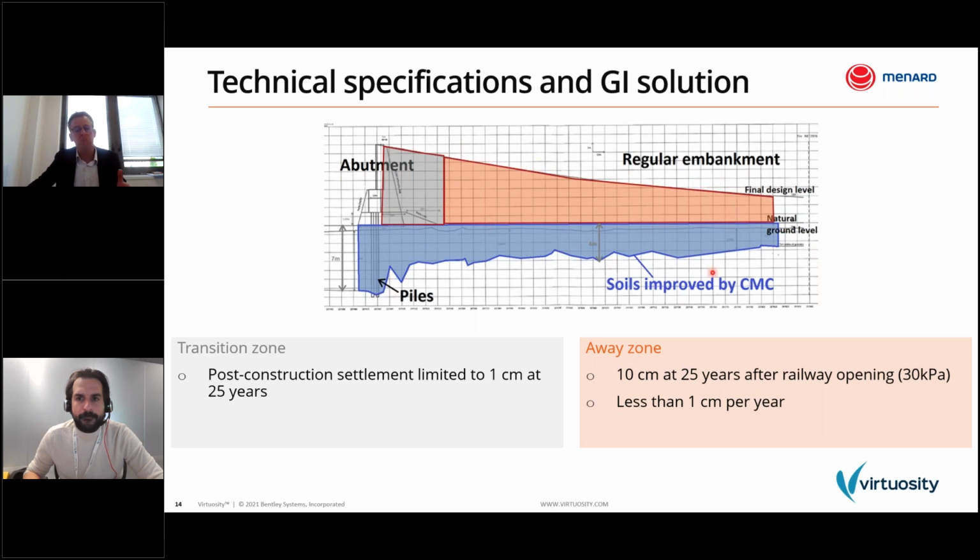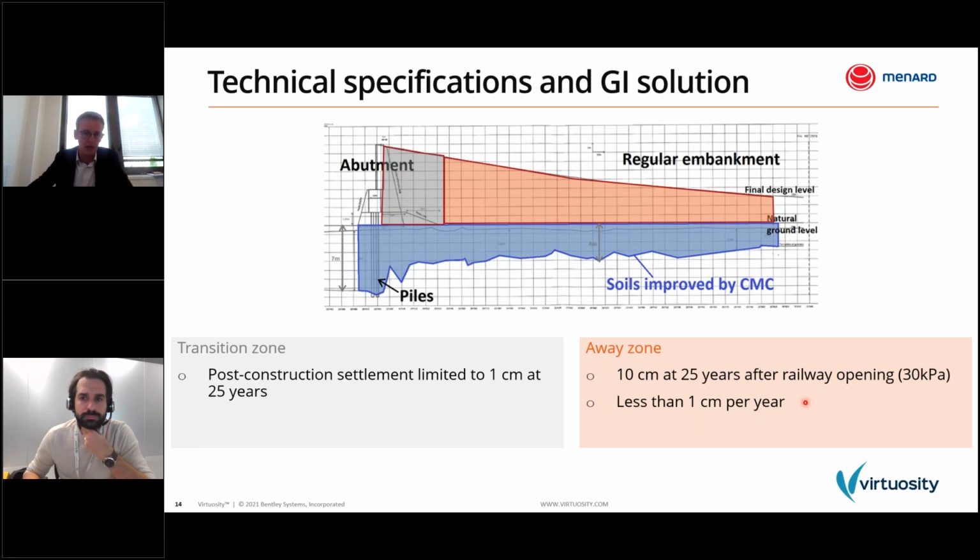Here, the technical specification given by the client is not that stringent. The total settlement is limited to 10 centimeters at 25 years after railway opening, with the 30 kPa. With a settlement rate criterion, the settlement must be less than 1 centimeter per year.